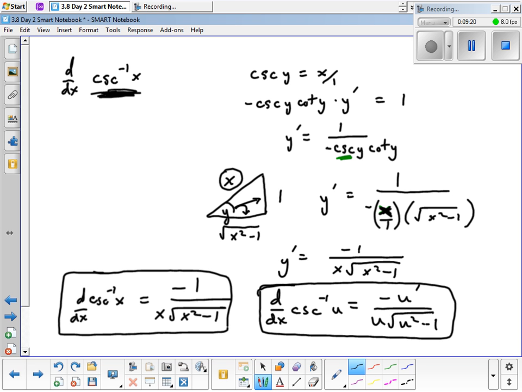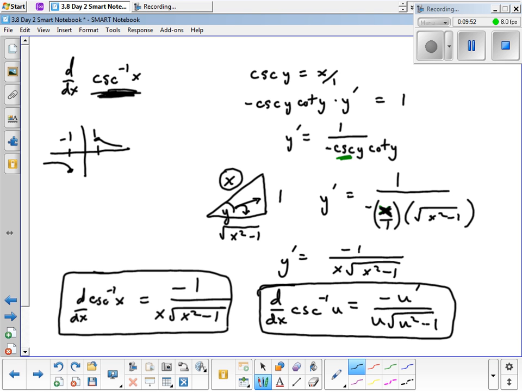If you were to graph the inverse cosecant on your calculator, and if you don't know how to do that, you can ask me, but it actually is an entirely decreasing function. Its domain is outside of negative 1 and 1, but includes negative 1 and 1.